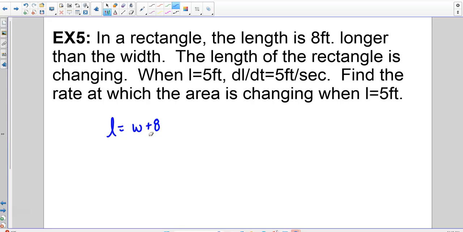Find the rate at which the area is changing when L equals 5. So I know this equation, but is it asking me anything about the width? It's asking me about the area. Area of a rectangle equals length times width.